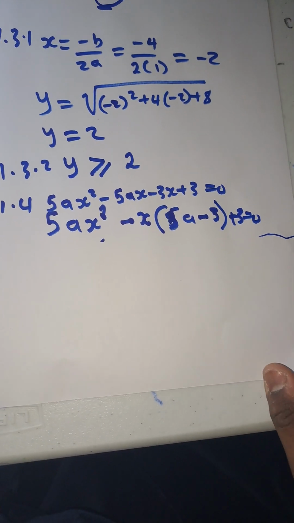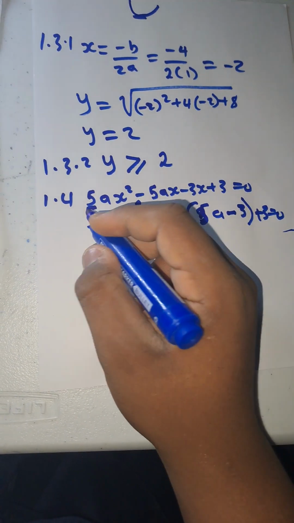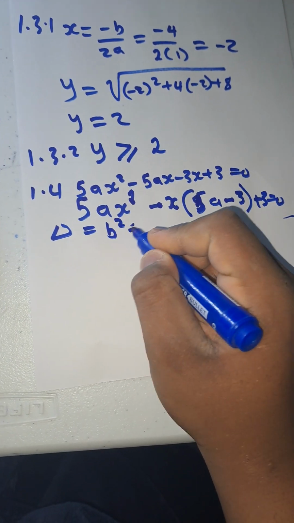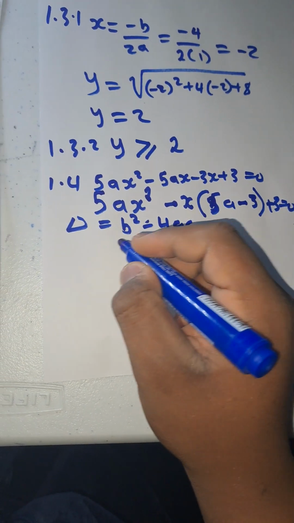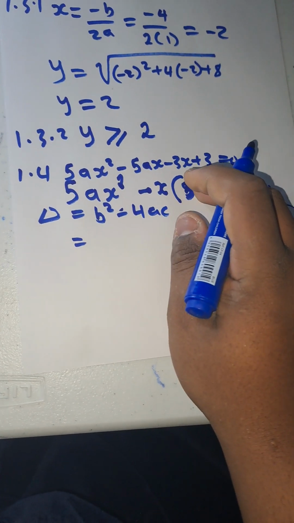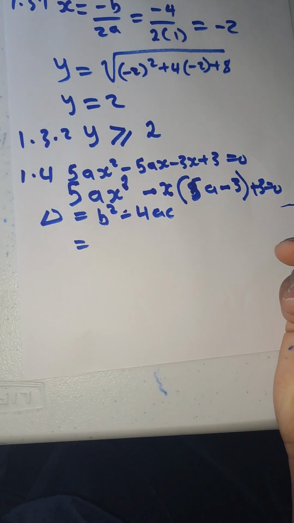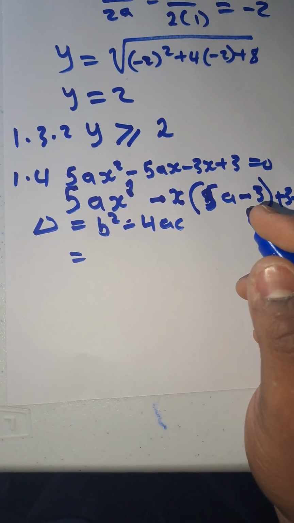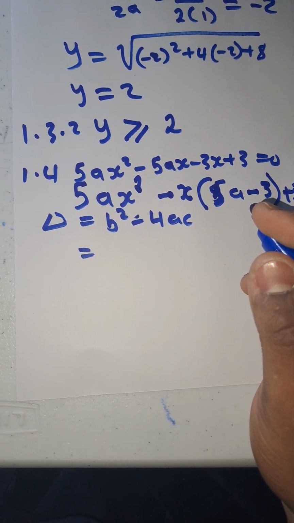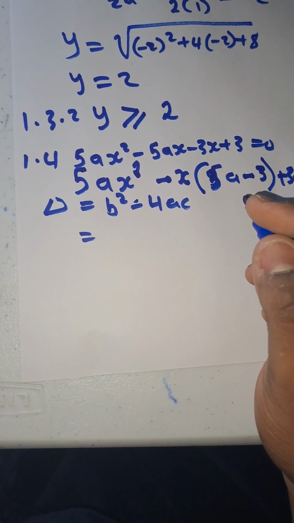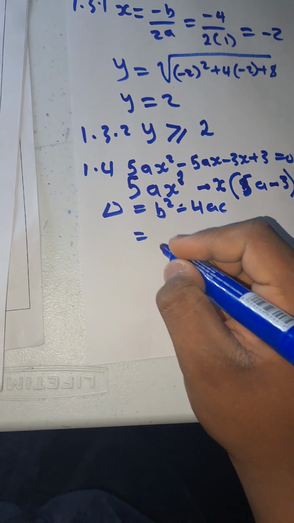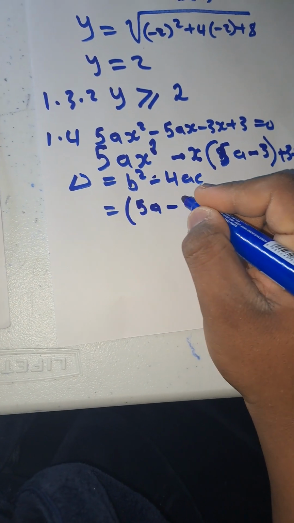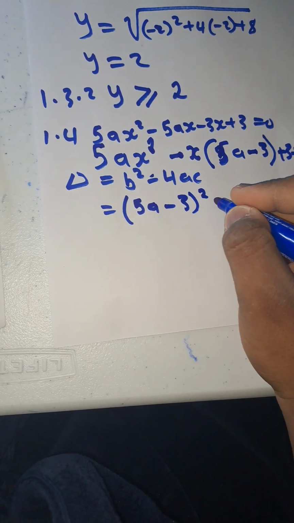You see? And when it is like that, I can use what? Discriminant is equal to b squared minus 4ac. Where there is b, I'm going to put what? 5a minus 3. So now let's continue. It's going to be what? 5a minus 3 squared minus 4.